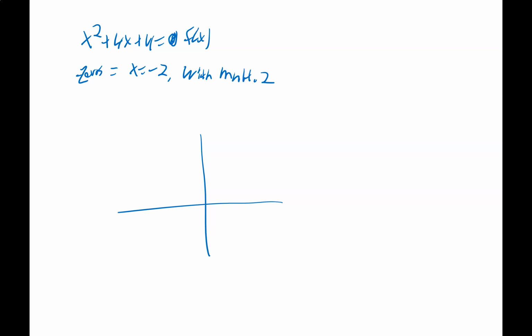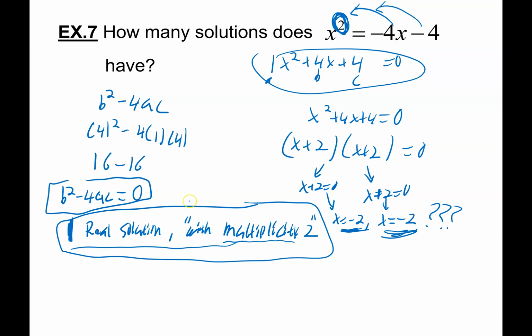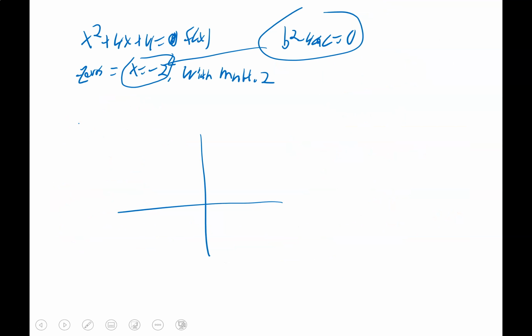Say, I thought zeros are when the y is 0, it's like the x-intercept, it's where it crosses the axis. It is. So when you get that b squared minus 4ac equals 0, and I tell you that you really get just 1 answer with a multiplicity of 2, you say, well, I thought the zeros are where it crosses. It does. Well, what it means is that I get this 0 right here.